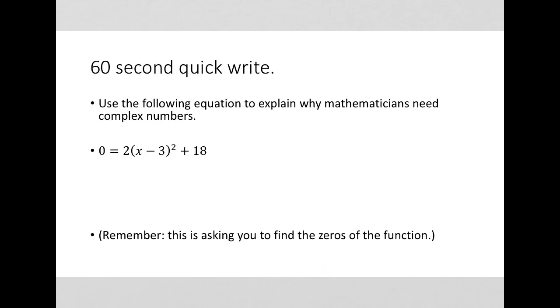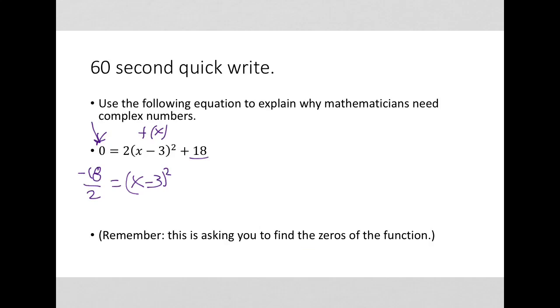So before we do that, let's think about this. Why do we need complex numbers? Well, if this is my f of x equation, and notice I've set it equal to 0, which is the same as saying find the solutions to this equation. Well, if I solve it algebraically, I can subtract 18 from both sides, and I can divide by 2, and then I'm left with x minus 3 squared.